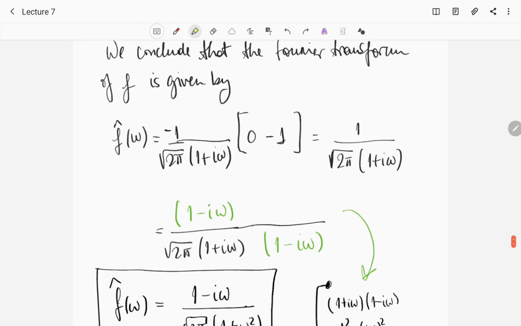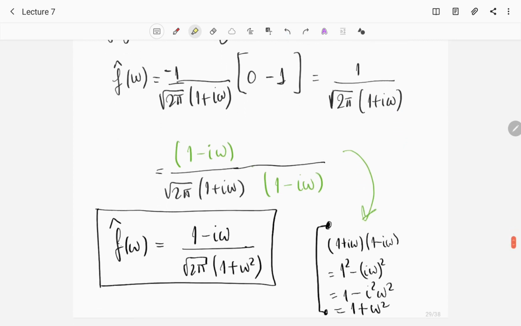So now if we want, here it's okay if you finish here, the exercise is okay, because this is the Fourier transform of our function. But just to write it in a nicer way, we can multiply and divide by this number, 1 minus i omega, which is the conjugate of this guy, with the same real part and minus the imaginary part.